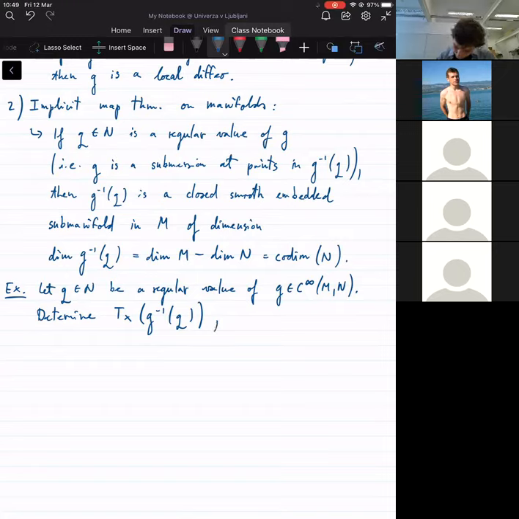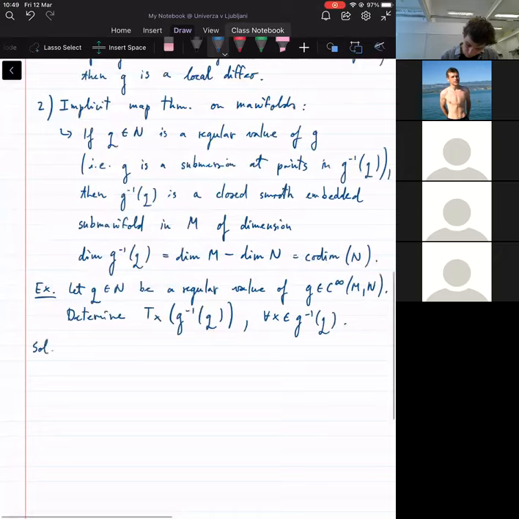For all x, of course, from this manifold. Any ideas?